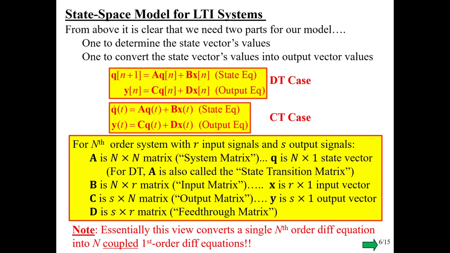So that is kind of the big idea here. We're replacing a single nth order differential equation or diff equation with n coupled first order diff equations. That is a big idea there.